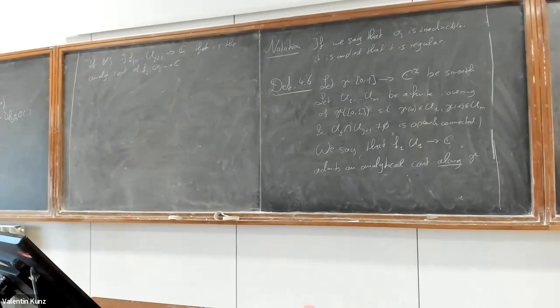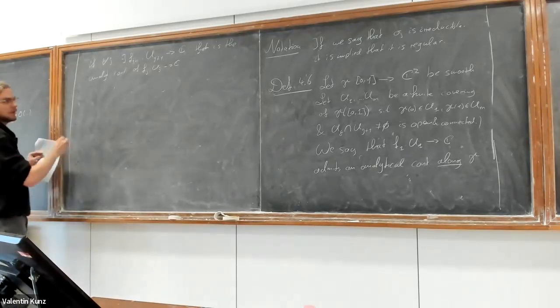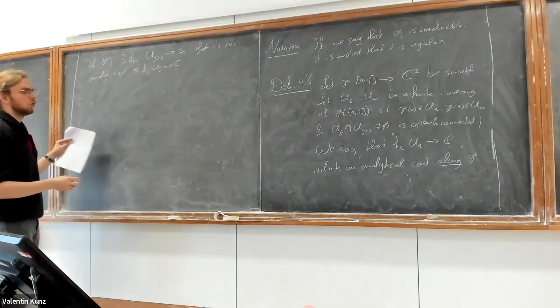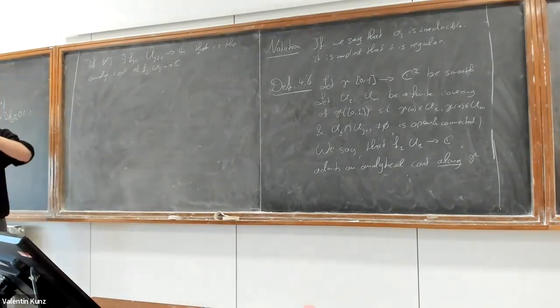Can you have more than one analytic continuation along gamma? No, it will be unique along gamma. This is really straightforward, because you can look at the intersections of the open sets, and locally it will always be unique.